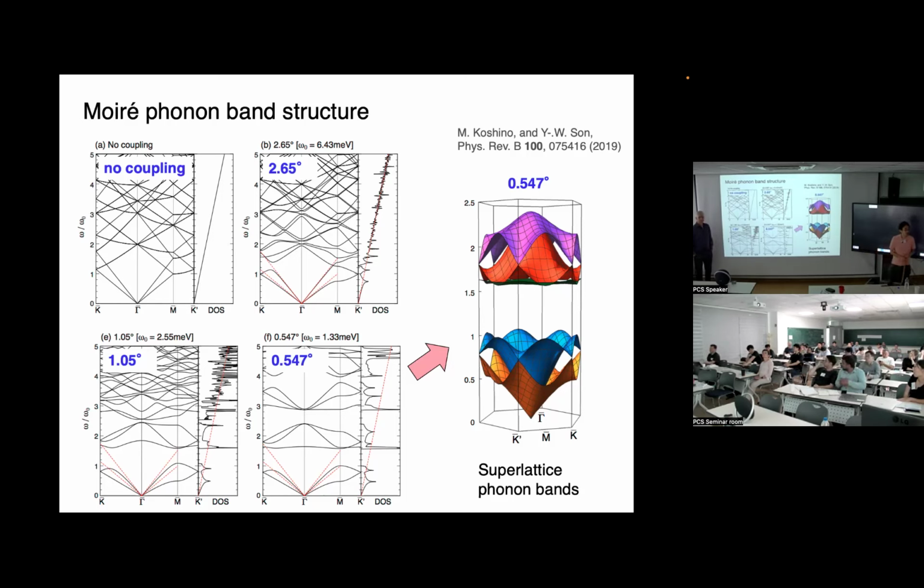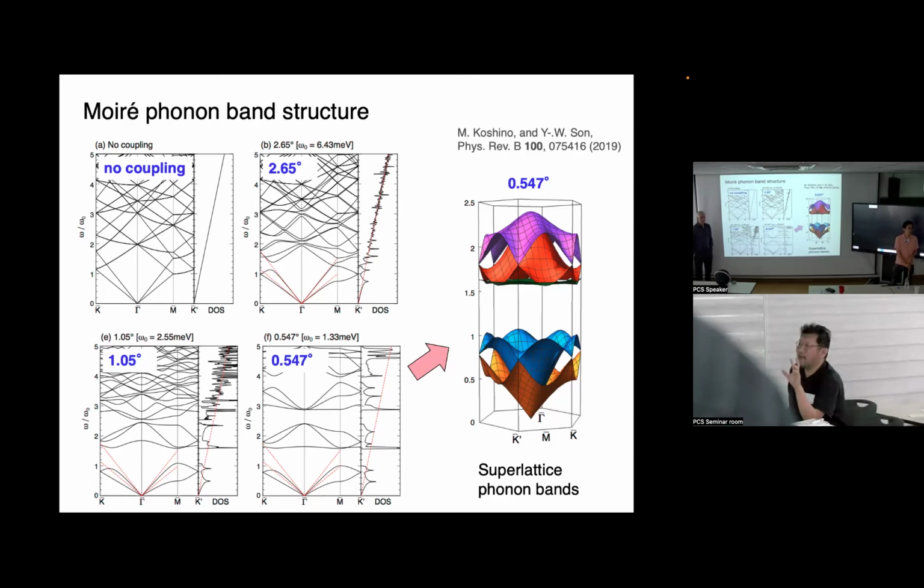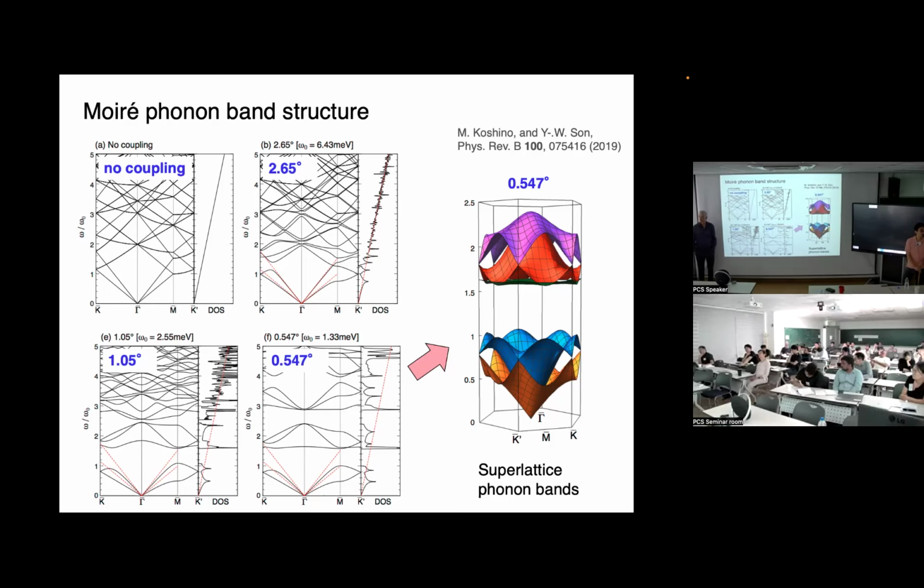So I have two questions. For those twisted MoTe2, did you get some number, plus one, plus one, plus one? Yeah, plus one. It's a 2.1 degree rotation. So you want a fractional quantum Hall version.